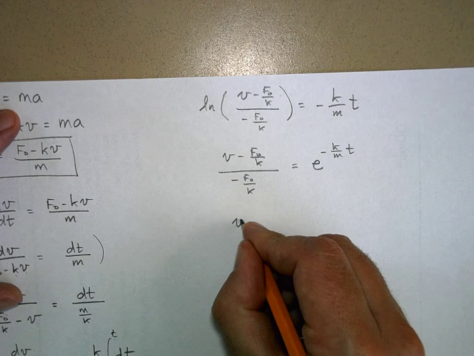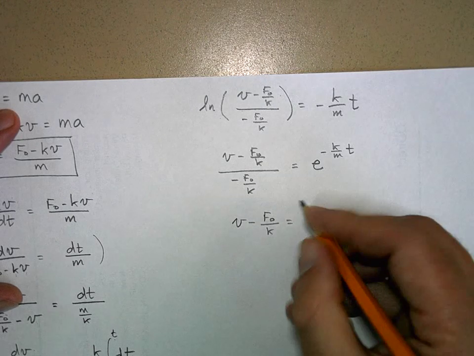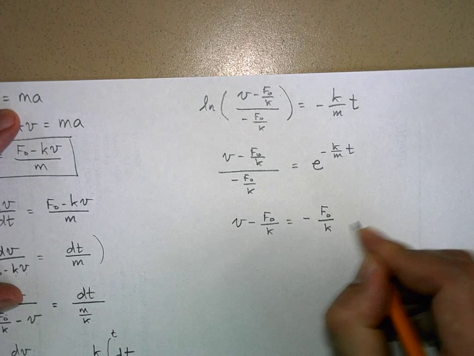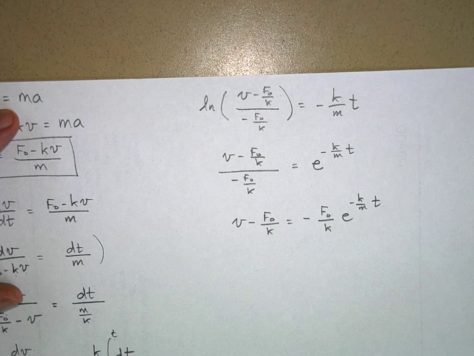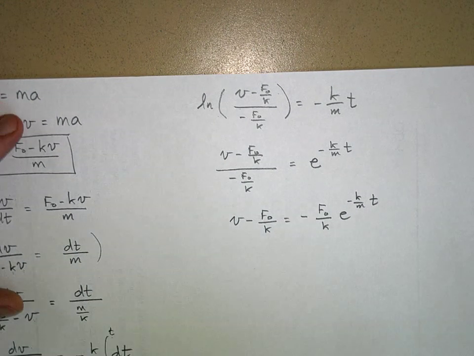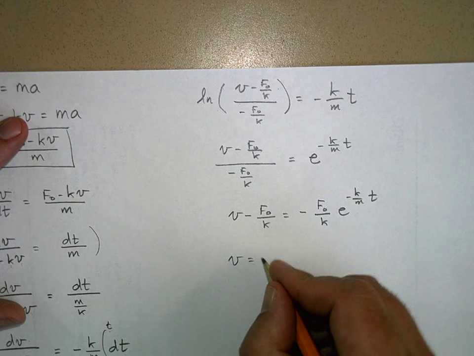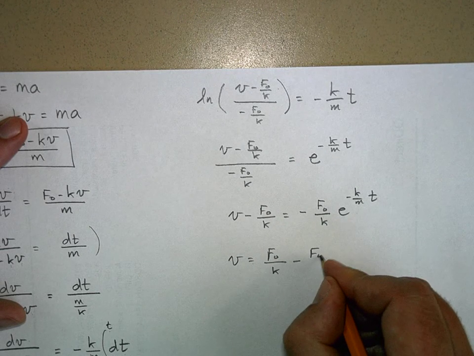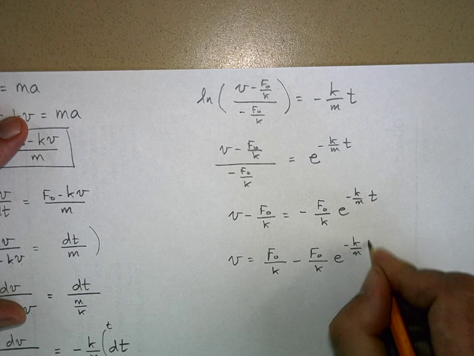So that gives me v minus F naught over k is equal to negative F naught over k times e to the negative k over m times t. Right? And now I'm just going to add F naught over k to both sides. So v, and this is what I wanted, right? F naught over k minus F naught over k times e to the negative k over m times t.